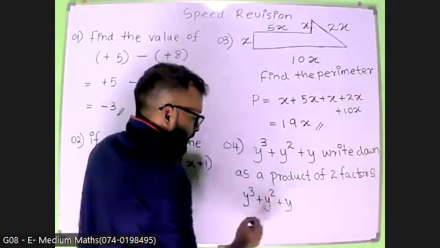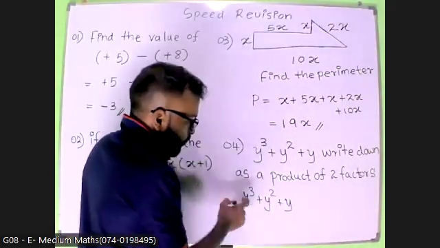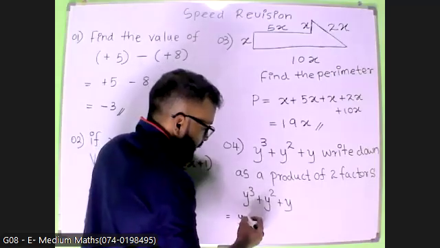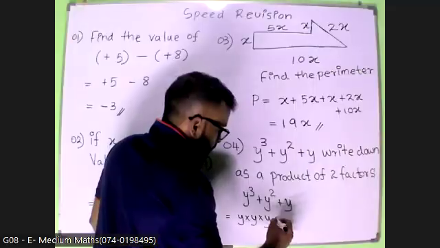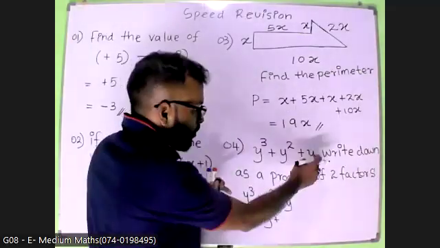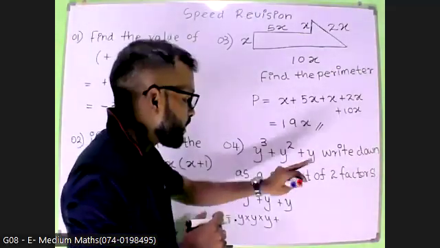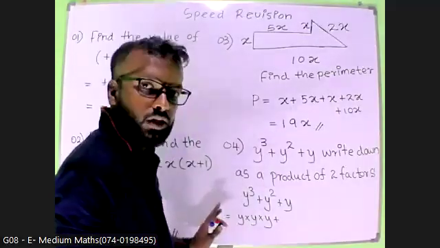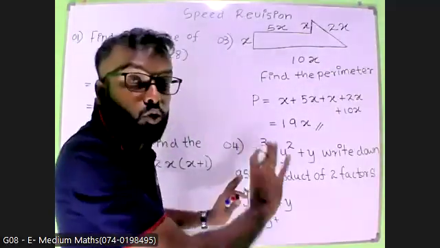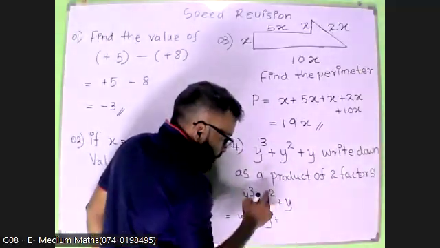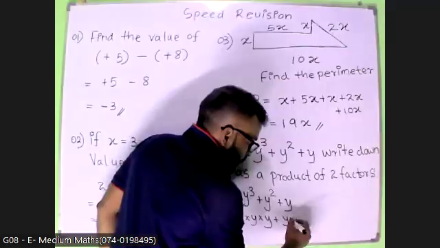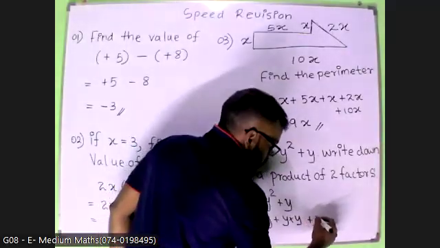So if you expand this, you can write y to the power 3 as y times y times y. Actually, no need to expand. If you know how to take one y out from this, no need to expand. I am just explaining how to do it if you forget that. y plus y to the power 2, y times y, plus y.